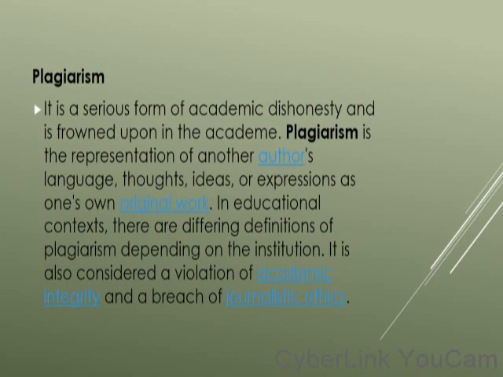It is also considered as a violation of academic integrity and a breach of journalistic ethics. So, it's a serious form of academic dishonesty. It is defined as the copying verbatim of language and ideas of other writers and taking credit for them.